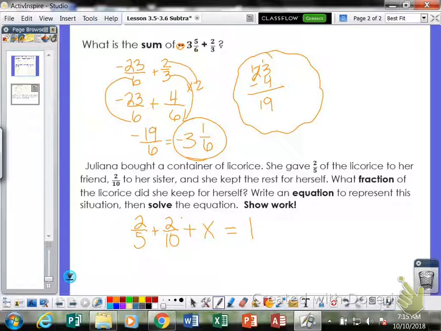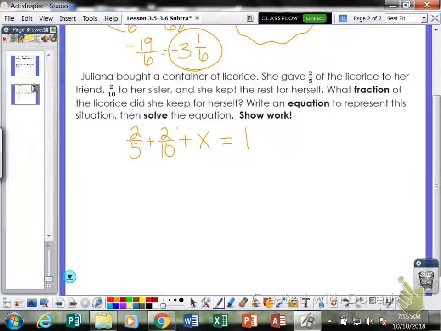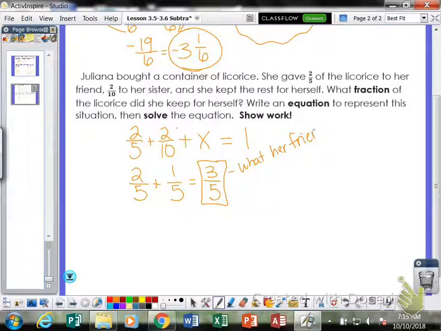So now, because we have fractions, we can do some simplifying. So we know that 2/5 plus 2/10, and 2/10 can be simplified to 1/5. Let's add these two together first. So I simplified 2/10 to 1/5, and we get 3/5. So this portion right here is what her friends got.